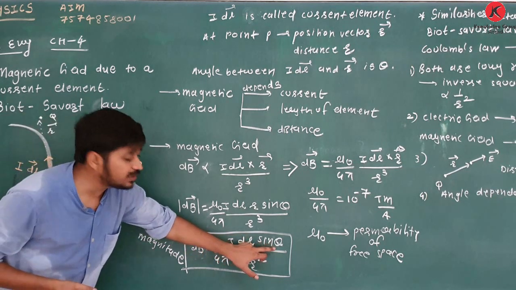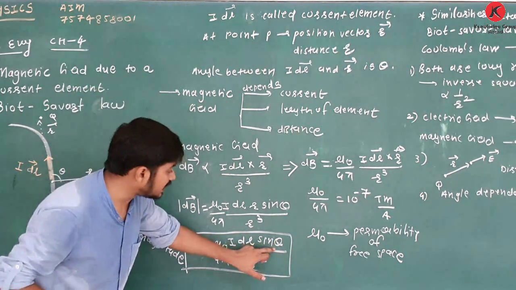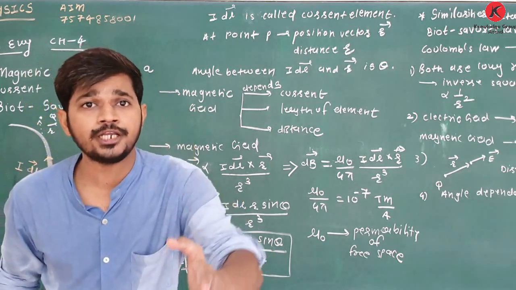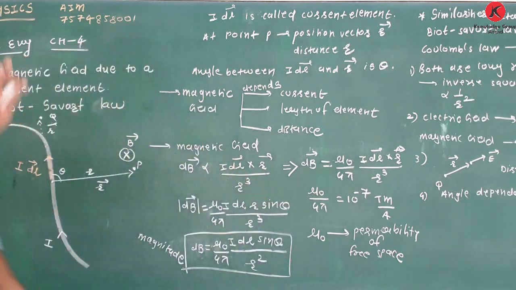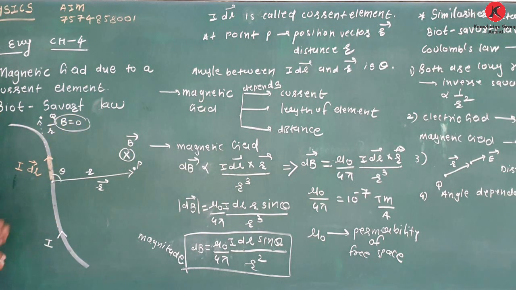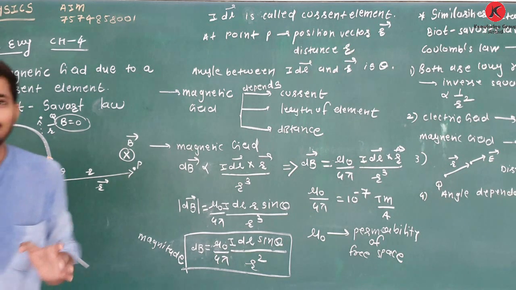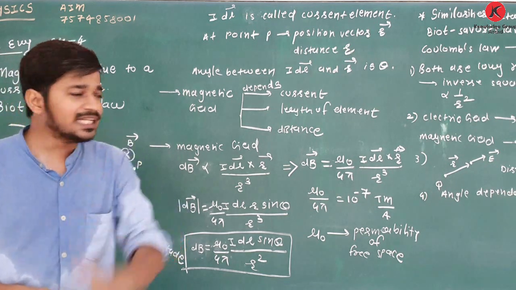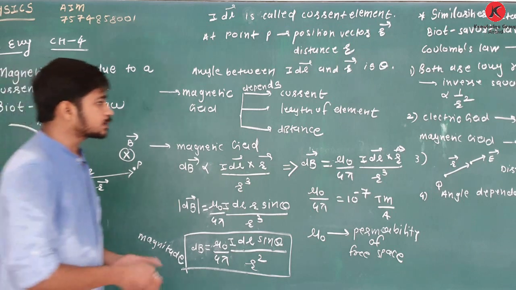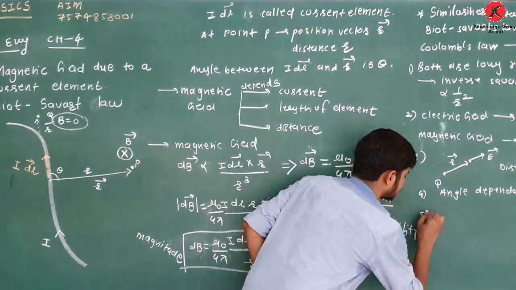So what is the angle between them? 0. Sine 0 is 0. Magnetic field at this point due to this current element is 0. Clear about this? Only due to this current element. Yes or no? Yes, it is. So magnetic field depends on angle. Clear about this?